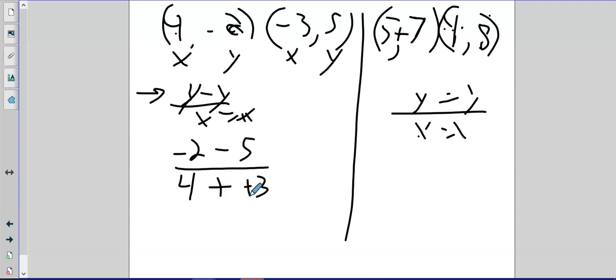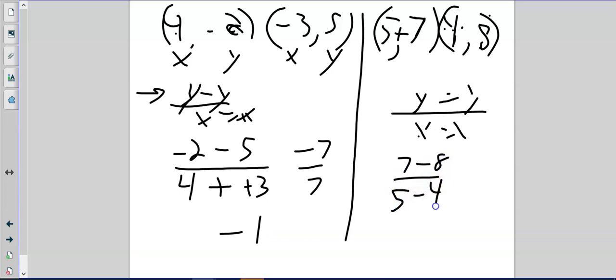So what I end up with is -7 over 7, which is -1. That's the slope of that line. On this one, 7 minus 8, 5 minus 4. No double negatives. 7 minus 8 is -1. 5 minus 4 is +1. This also has a slope of -1, which means they're parallel.